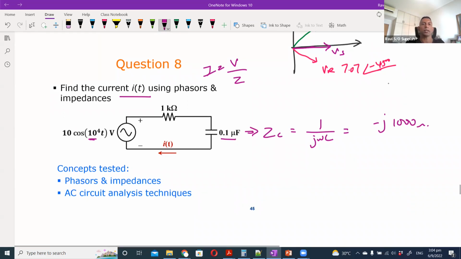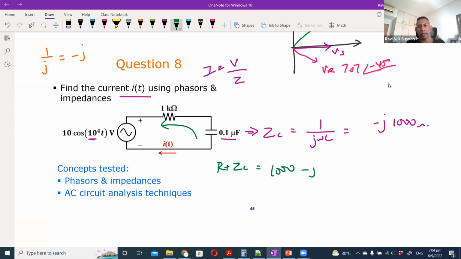Because 1 over j is minus j. So your capacitor impedance is equivalent to minus j 1000. Your resistor is 1000. So the combined impedance, which is R plus ZC, will be equal to 1000 minus j 1000 ohms.